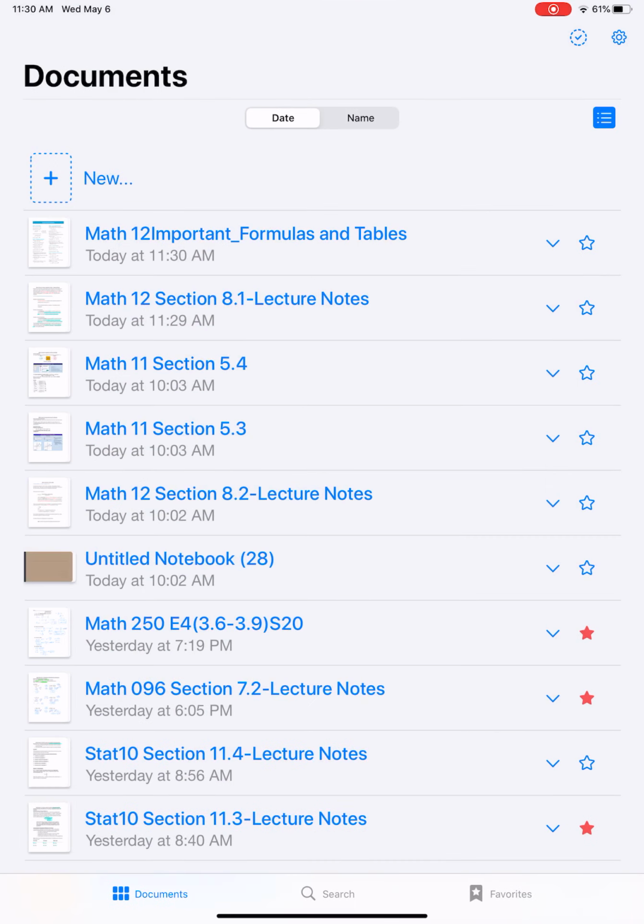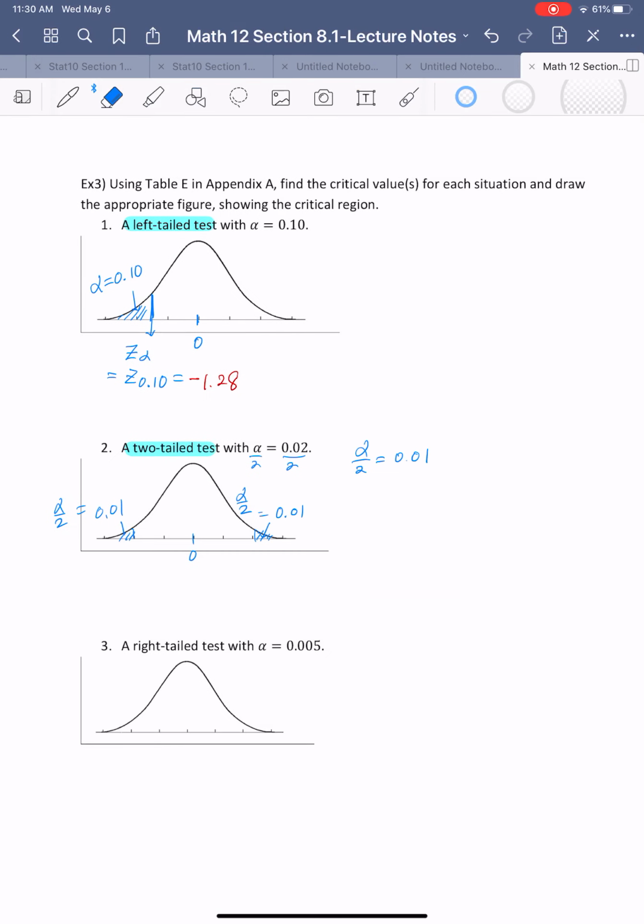Going back to the figure, this z-score is about 2.33, and because it's symmetric, the other is negative 2.33. So z sub alpha over 2, which is z sub 0.01, is negative 2.33 and 2.33.